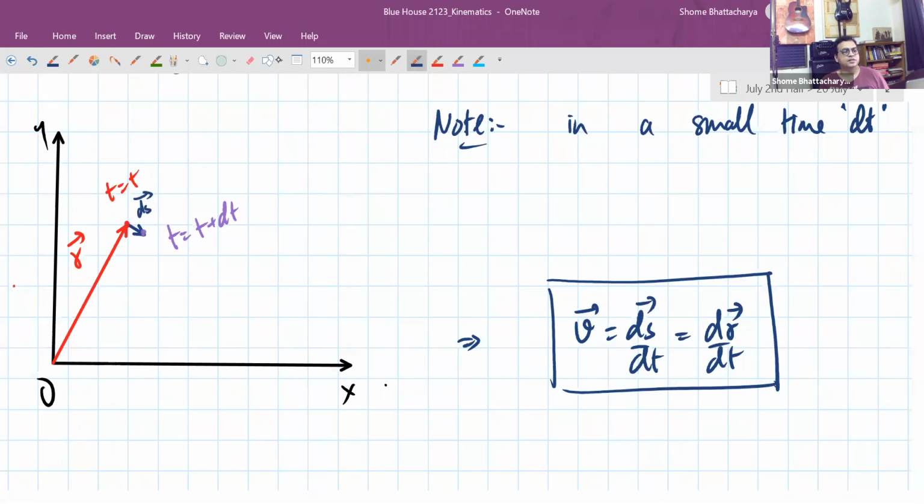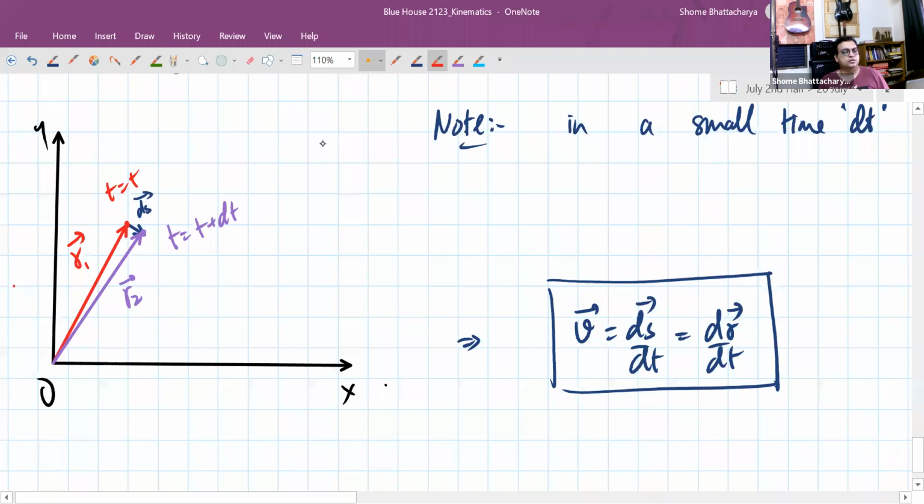But that small displacement ds is also equal to the change in position, because this is your new position at time t plus dt. Let's say we write this as R2 and this as R1.